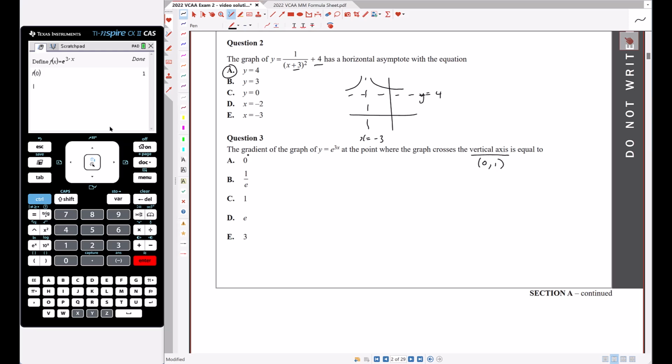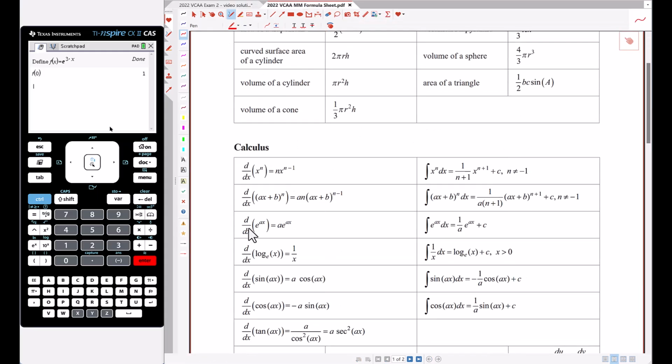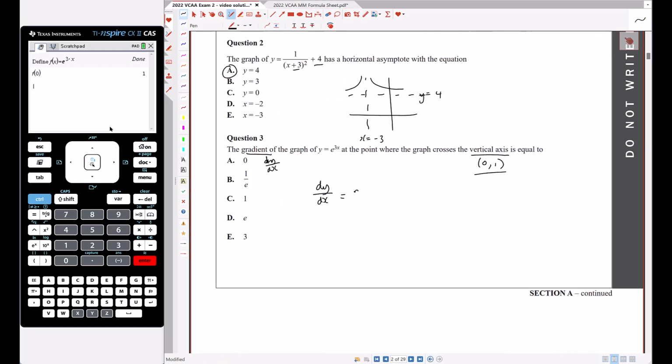We want to know the gradient, that is the derivative dy/dx at this point. Again, I can do this quicker by hand, the derivative of e to the 3x. I've got my formula sheet available to me if I need. The derivative of e to the ax is a e to the ax. So over here with my CAS, that's going to be 3e to the 3x. I want to know the derivative when x is equal to 0, which is the vertical axis intercept.